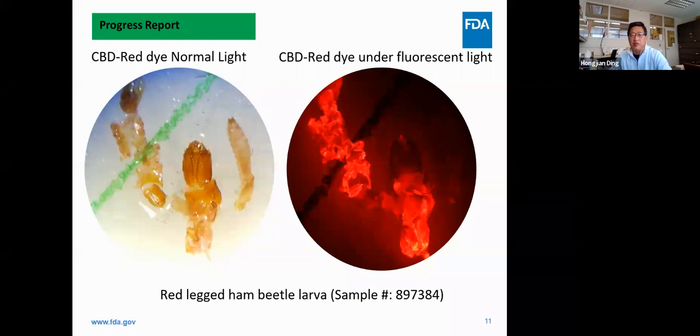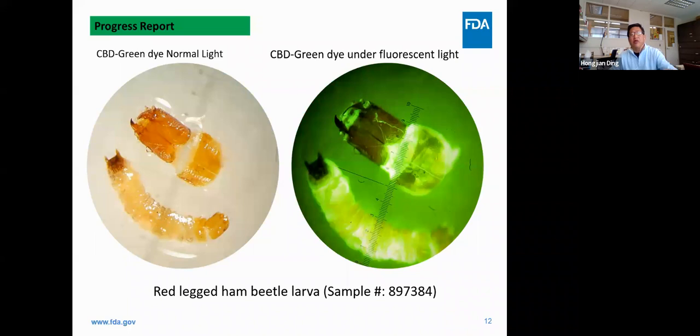Under the fluorescent microscope, you can see these two are significantly labeled by the red dye, and that one is just background. It's not labeled, so it means the dye really works and is specific for insect. And this one I will show you is the same kind of larva, treated by green dye. You can see in normal light the larva, the head, and the whole larva over here.